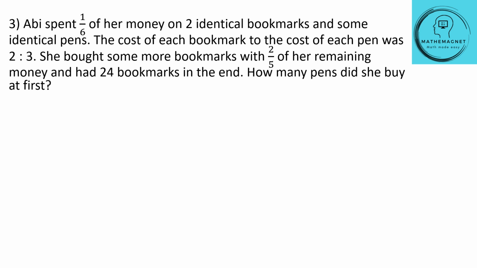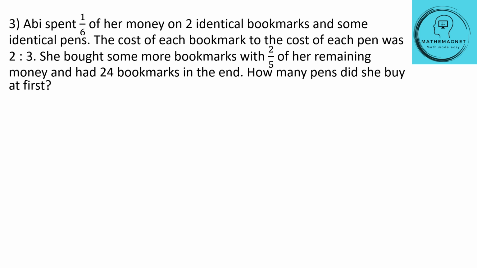Let's look at the last question. Question number 3. Abhi spent 1 by 6 of her money on 2 identical bookmarks and some identical pens. The cost of each bookmark to the cost of each pen was 2:3. She bought some more bookmarks with 2 by 5 of her remaining money and had 24 bookmarks in the end.